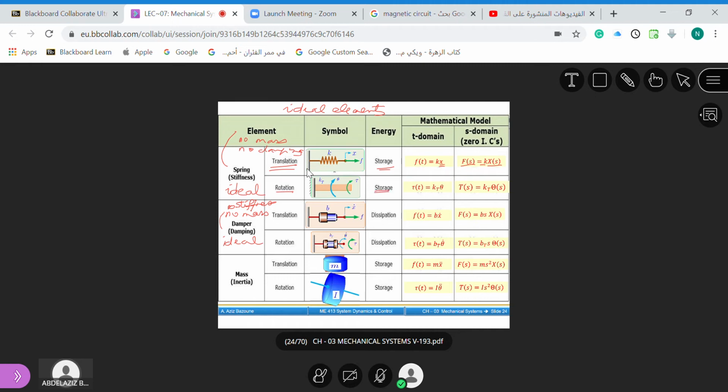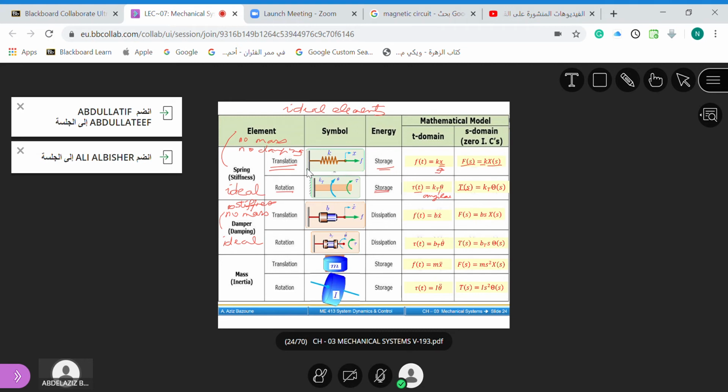So the torque will be simply Kt times theta, where the deformation here is angular deformation, or angular displacement, theta. Here x is for translation, and this one is for rotation. So T(s) will be Kt times theta(s) in the s domain.